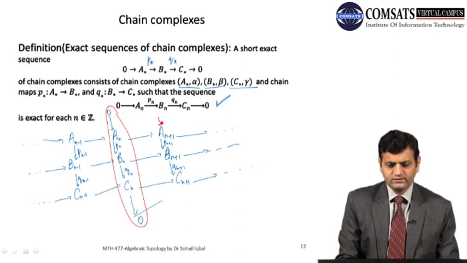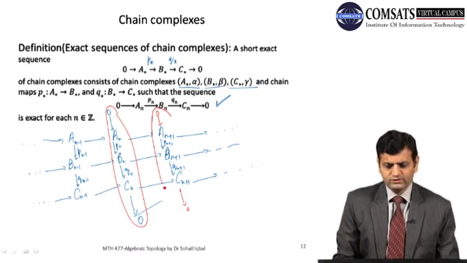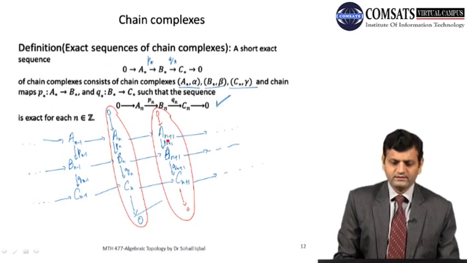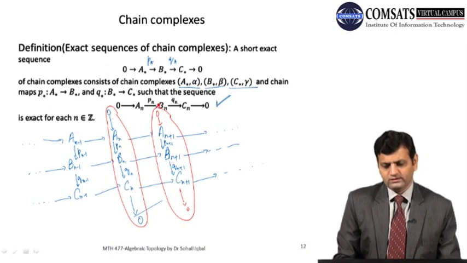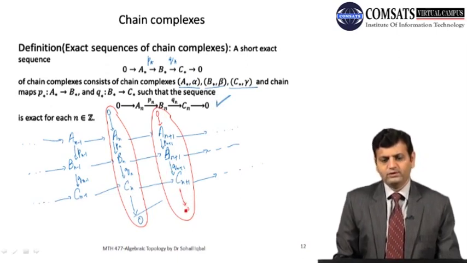So in other words, this sequence is also a short exact sequence of modules, because once again An plus 1 is a module, Bn plus 1 is a module, Cn plus 1 is a module, Pn plus 1 is a homomorphism between these two modules, and Qn plus 1 is an R-module homomorphism. These all come from our discussion of modules.